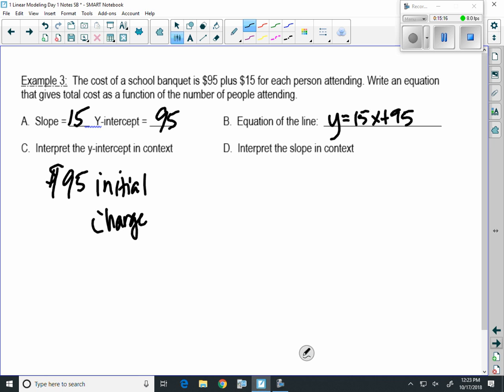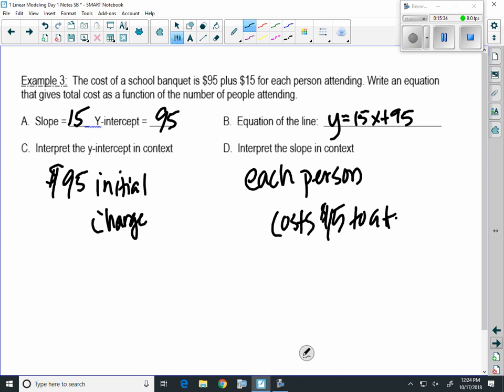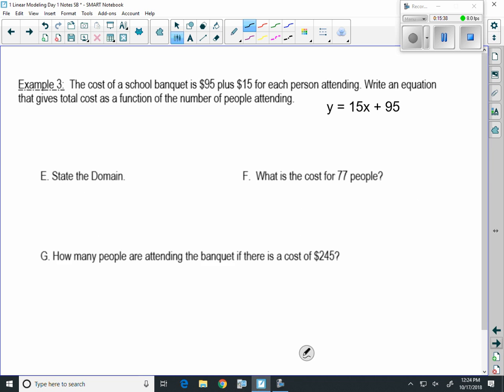Each person attending. They're going to get charged $15 for each person. Each person costs $15 to attend. So $15 to attend is that slope.